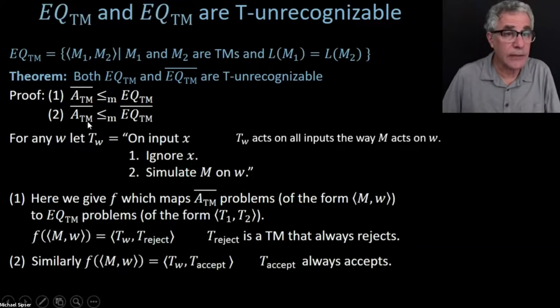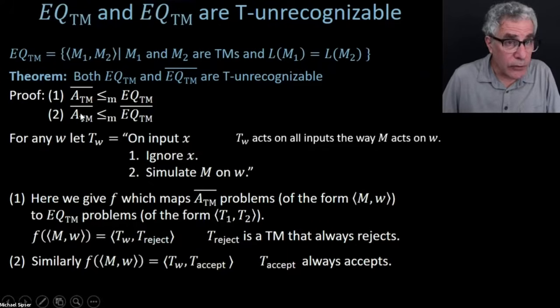Maybe let's stick with the complements here, though I hope that doesn't make it too confusing. We're trying to show the complement of ATM is mapping reducible to the complement of Eqtm. What does that mean? It means when M rejects W, so you're in the complement, we want the 2 Turing machines to be inequivalent.